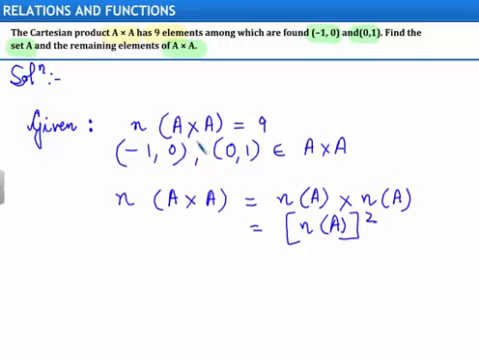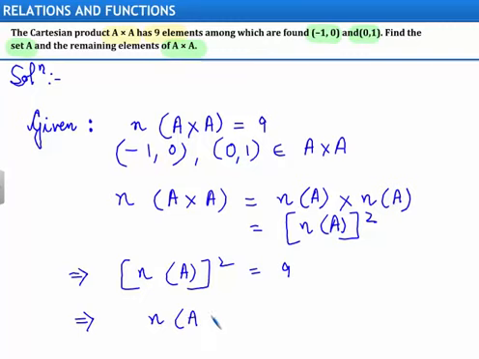And it is already given that n of A cross A is equal to 9. So this implies n of A whole square is equal to 9. And this further implies n of A is equal to 3.